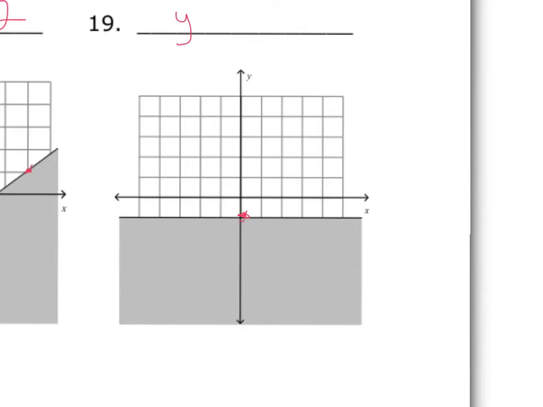And we have to decide, are the values above or below the line? So it's below, so it's less than. And we have a solid line here, so it's equal to. And we said that the value was -1. So all of the values of y that I can pick, no matter where I'm at, it has to either be on the line, which is -1, or below the line, so less than the line.